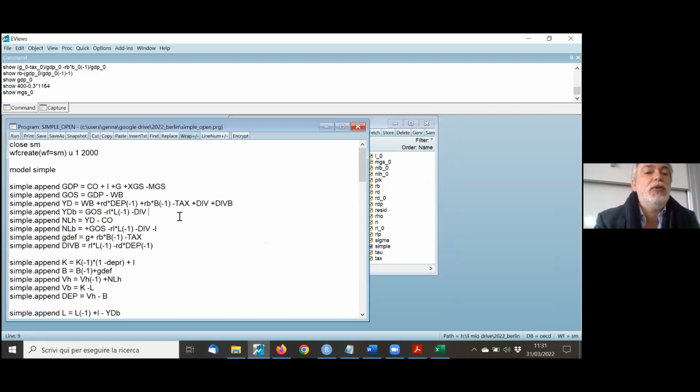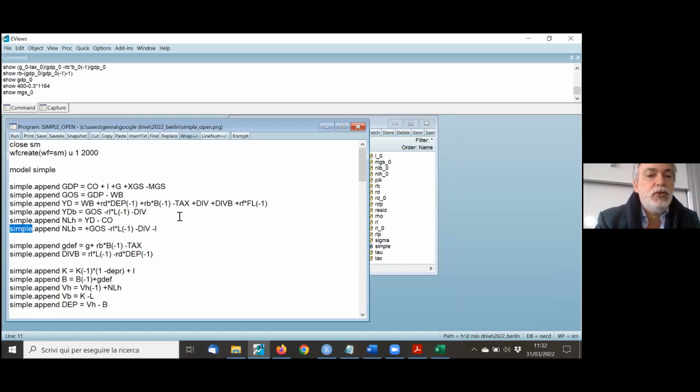So what else we have to have in here is, we need to add the interest payment on foreign assets. That will need to be specified. Nothing is going to change in here.